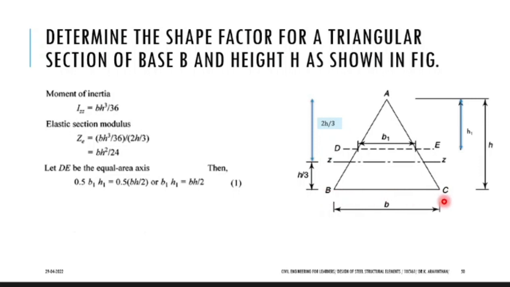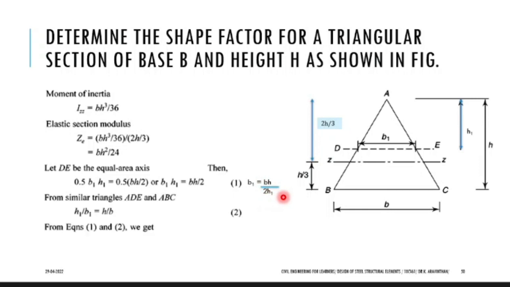Half into B into H. If you divide by 2, will you get half of the rest of the part? Yes, this is what is done here, BH by 2 into half. If you equate this, will you get B1? You can simplify this, 0.5 and 0.5 will get cancelled, B1 H1 equals BH by 2. This will be your equation. Then what will be B1? If you need B1, you can take H1 outside, B1 equals BH by 2H1.